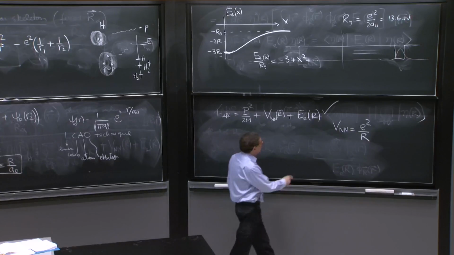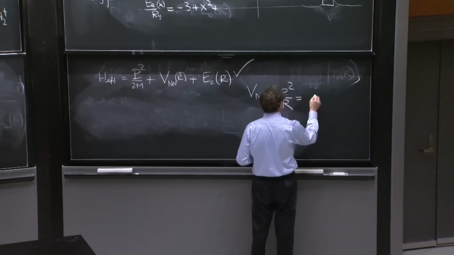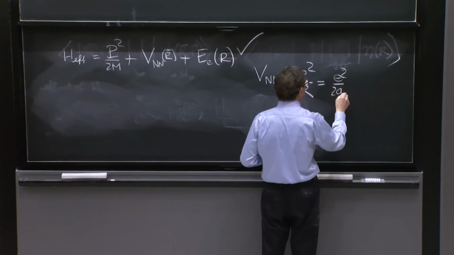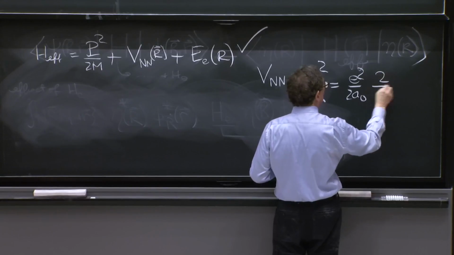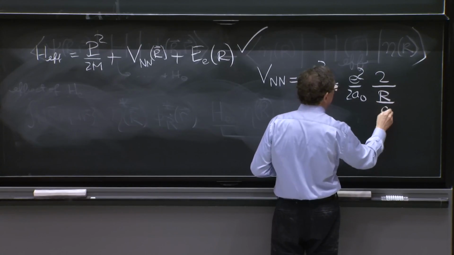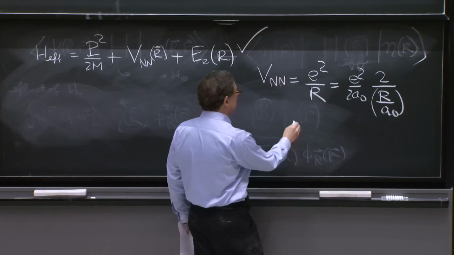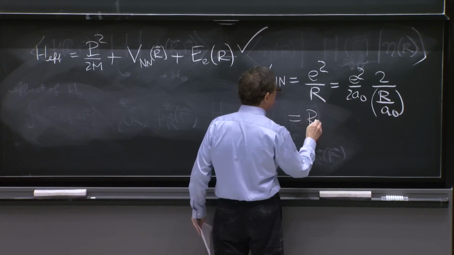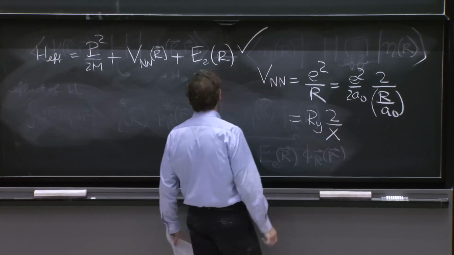But this VNN we can write as e squared over 2a0, and then put a 2 over R over a0 to get all these numbers nicely. So the VNN is a Rydberg times 2 over x.